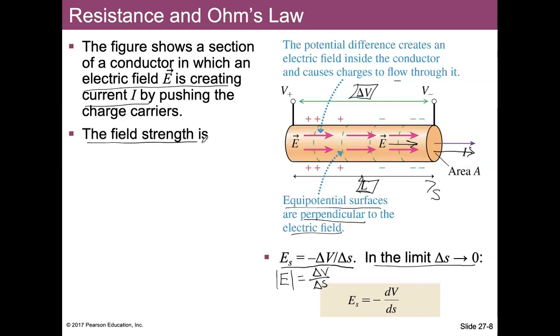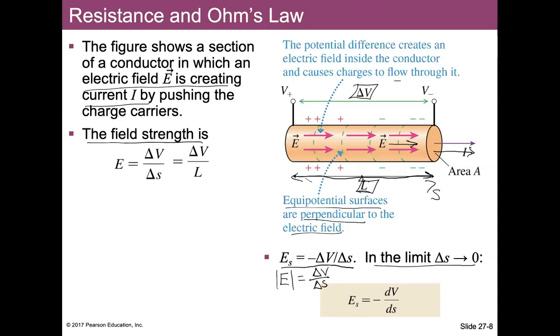The strength of the field is just E equals delta V over delta S, where delta S in this case is the total length of our wire. So we can rewrite that as delta V over L.